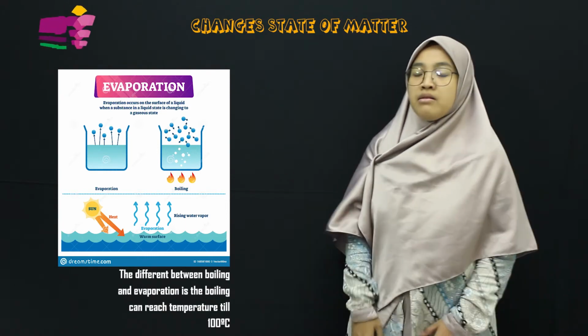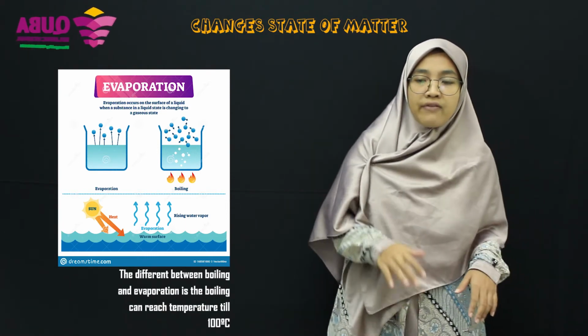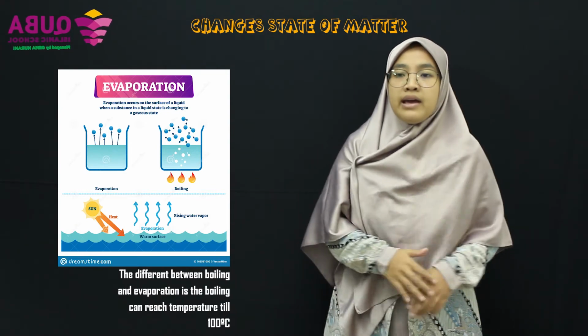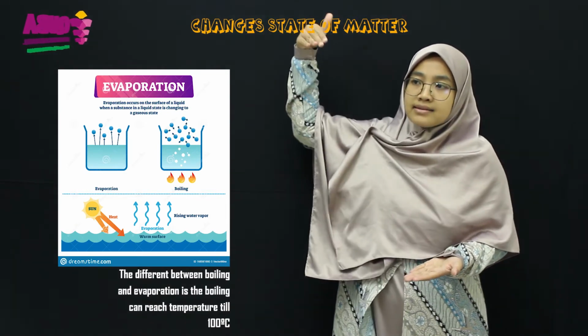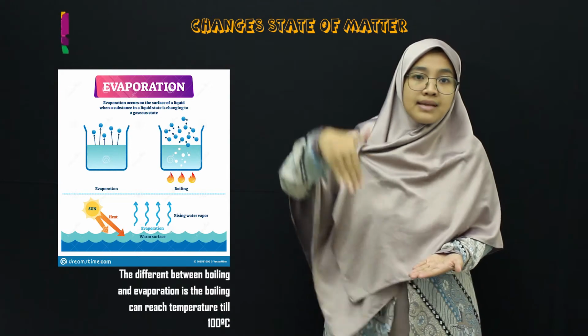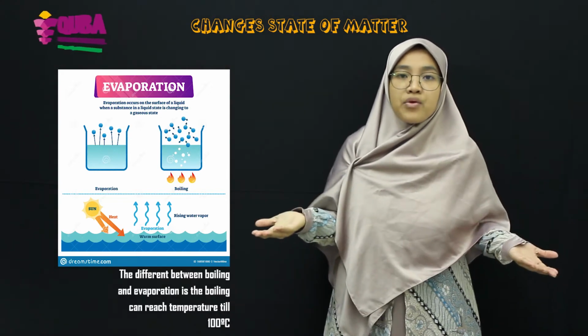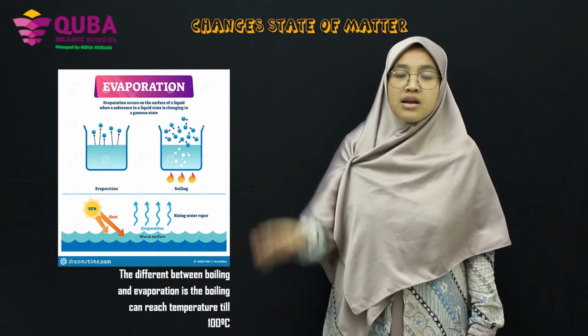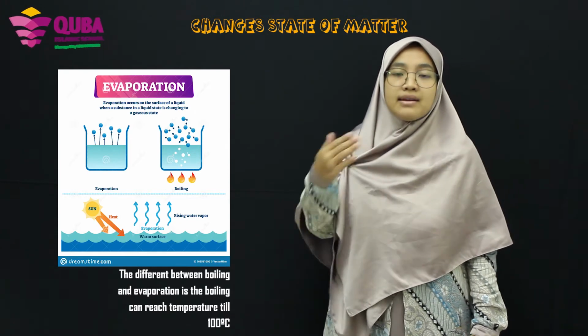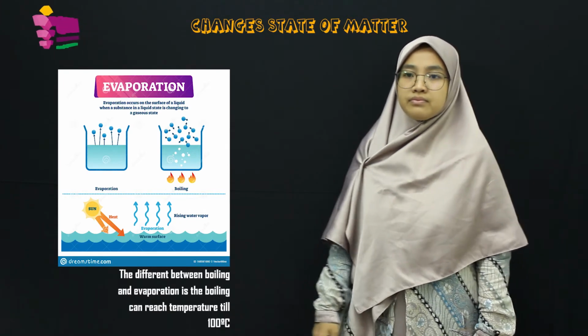For example, if you are in the street and you see a puddle, and the puddle absorbs the sunlight, it can evaporate. So evaporation does not have to be 100 degrees Celsius.